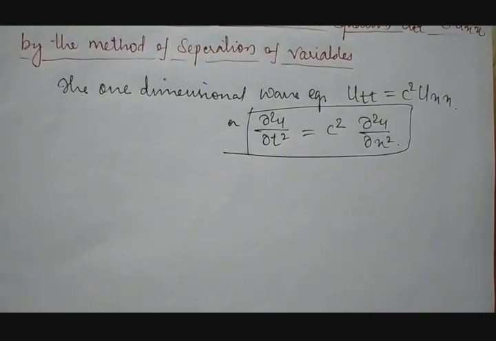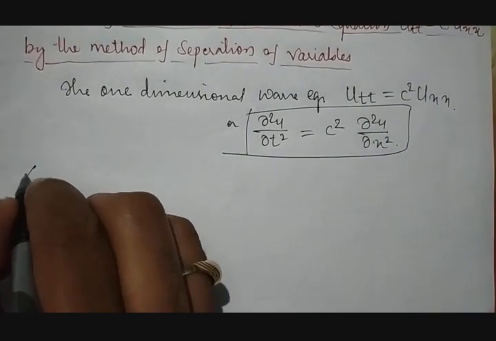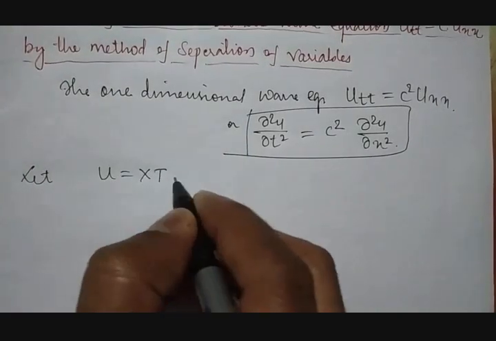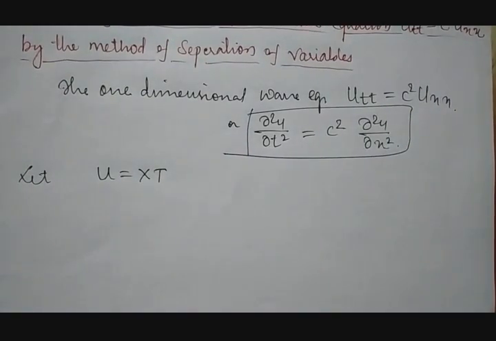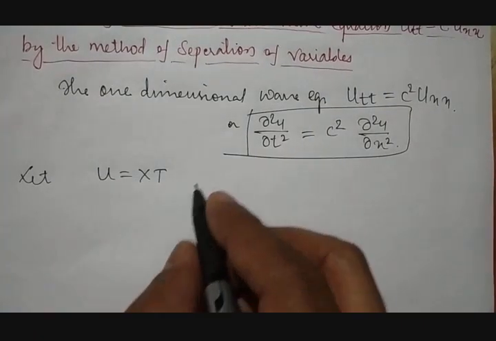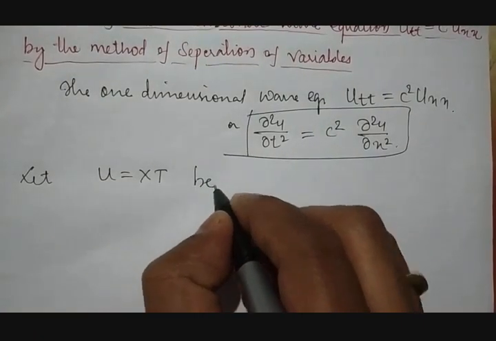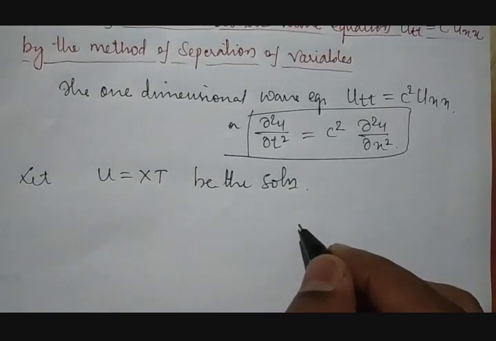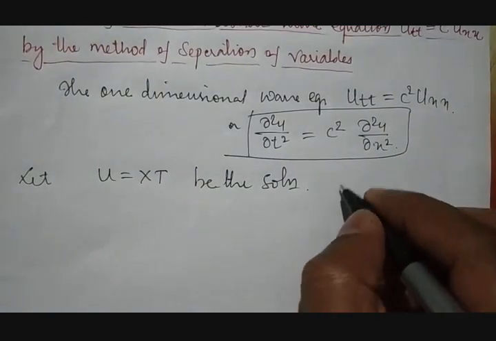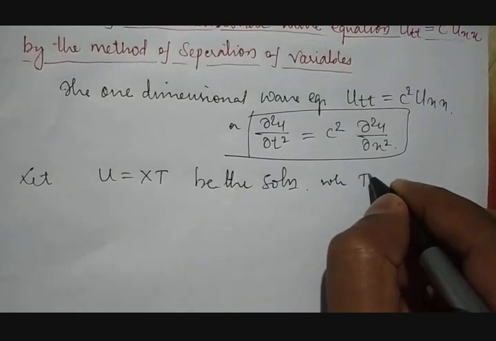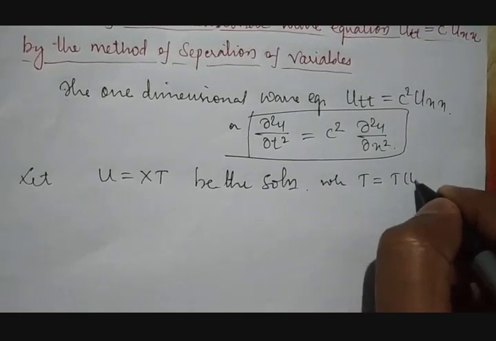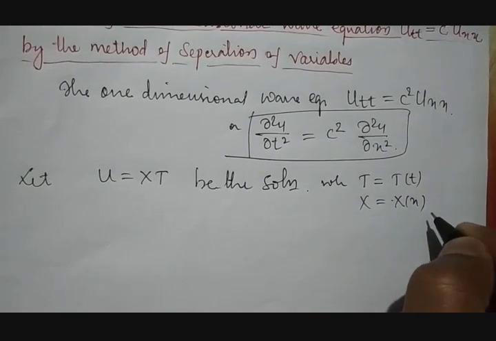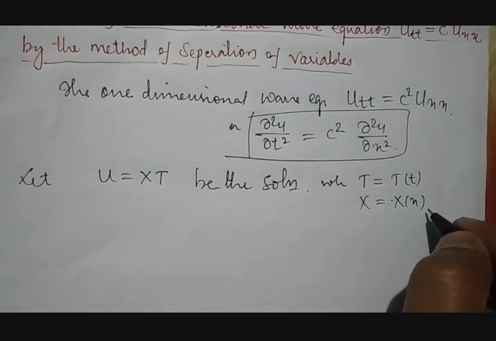So very first, let us take u = X·T as the solution. Understood? u = X·T is the solution, where T means T(t) and X means X(x). These are the independent solutions.